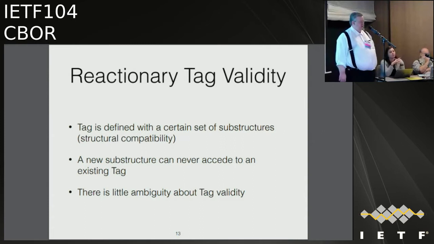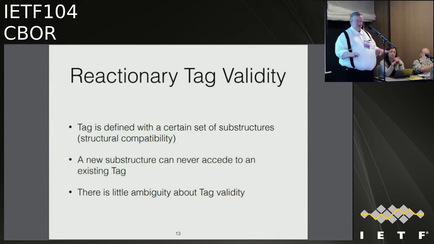For instance, tag 1 was defined to only allow integer or floating point numbers as its tag value. And a new substructure in this model can never accede to an existing tag. So I cannot define a new tag and say, by the way, this tag here defines something that is really useful as a part of tag 1, because it's tag 1 that defines what can be in it, and not the thing that you can put into a tag 1 that defines that.